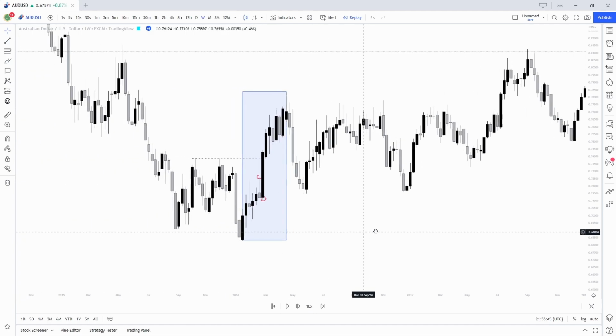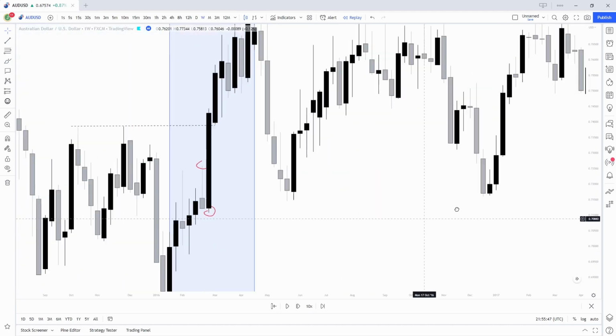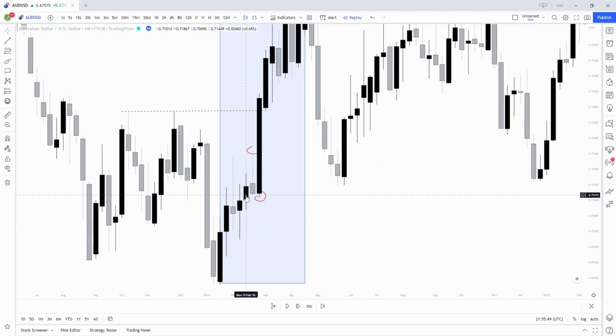And we know that if we look inside of here, we have market inefficiency because there's no structure within this. Now, in order to identify market inefficiency within bullishness, we look for 3 consecutive candles. So we have 1, 2, 3. We take the top wick of the first candle, so that would be the start of our zone, to the bottom wick of the third, which would be at that point right there.